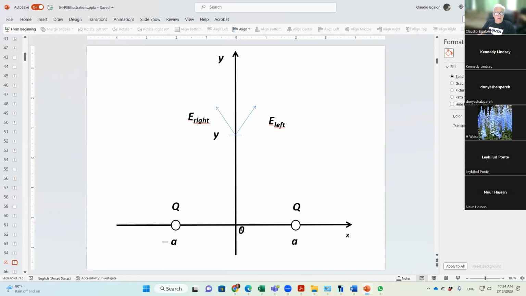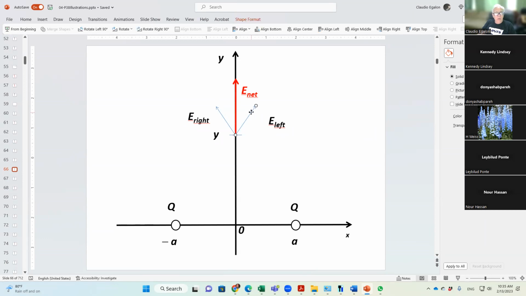Because there is symmetry in this problem, the intensity of this field is the same as the intensity of this field. Similarly, the angle between this charge here and this axis is the same as the angle between the electric field of this other charge. Because the angle is the same and their intensity is the same, the horizontal component of the net electric field cancels out. Make sense? And we end up with a net electric field equal to what you see right here.